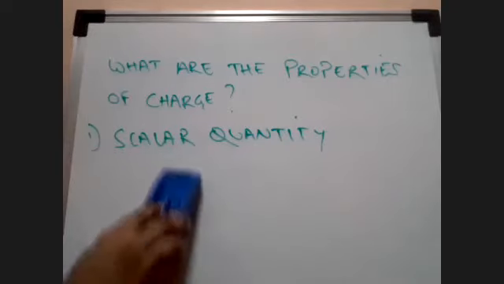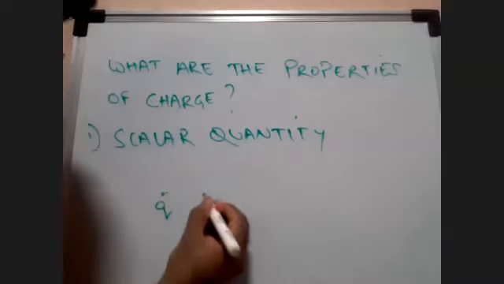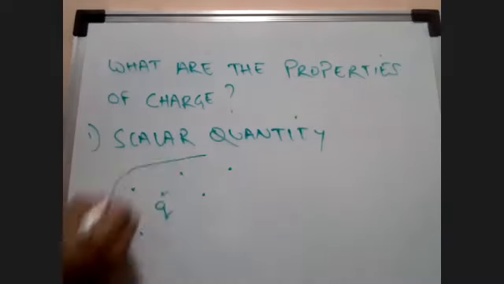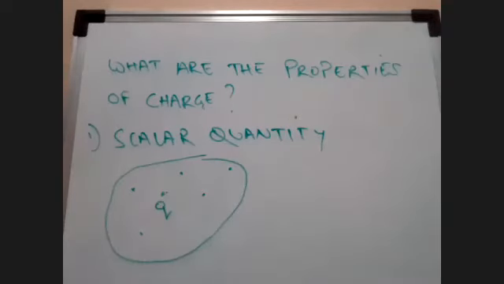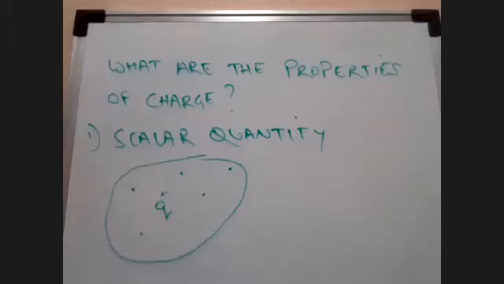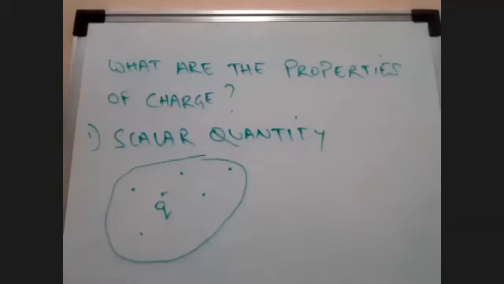What you mean by scalar quantity is there can be a number of charges in a particular system, and you can find the net charge of the system by simply adding all the charges in the system. So I hope the first point is clear that charge is a scalar quantity.